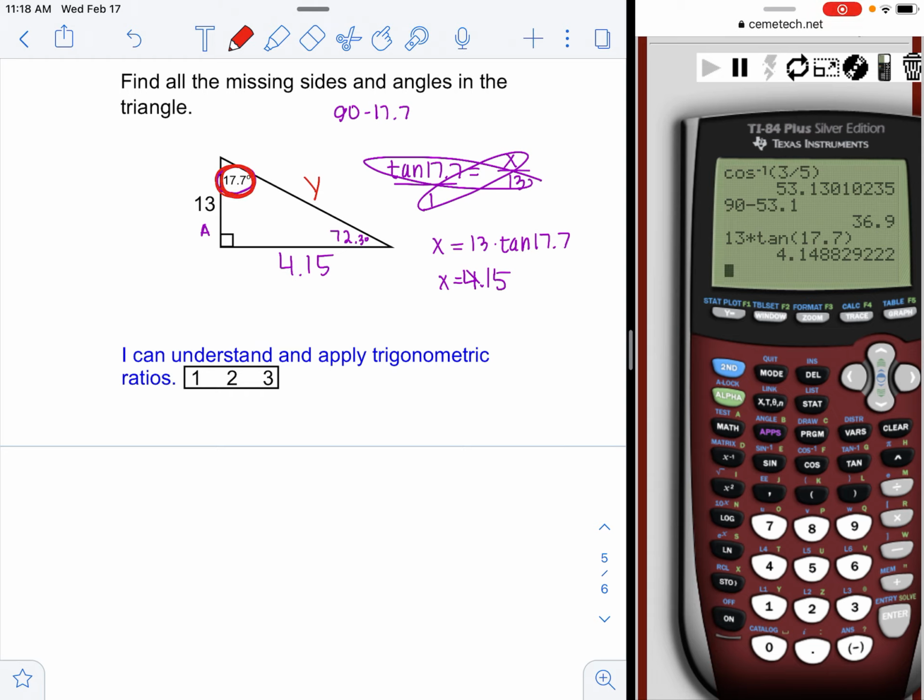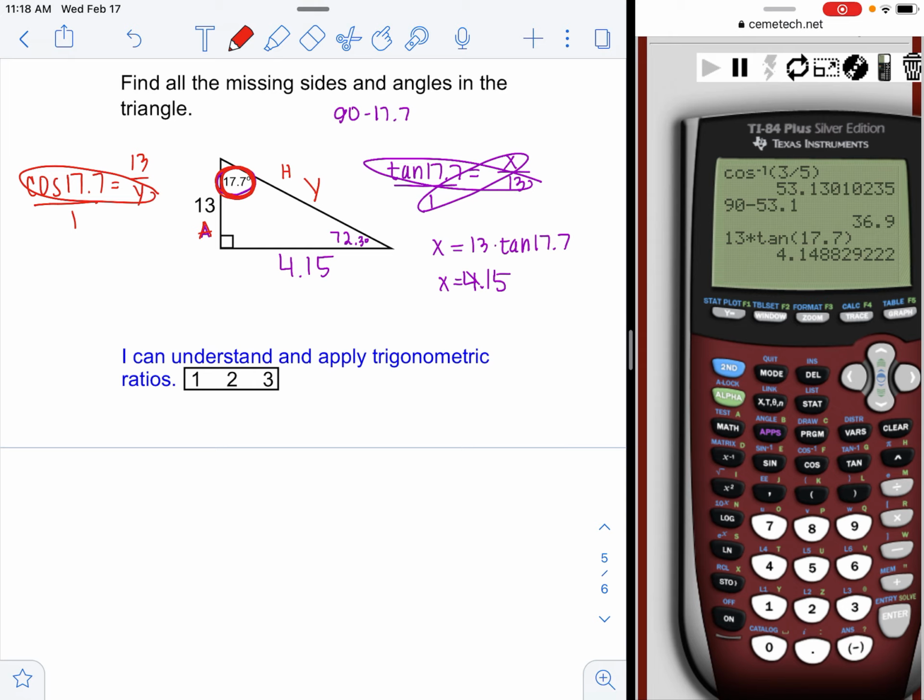I'm going to use another trig function, so I'm going to say this is x now, or I can call it y if I want. Yeah, I'll call it y. Here's my angle. This is adjacent still, but this time this is hypotenuse. So I'm going to use cosine instead. Cosine of 17.7 equals adjacent, which is 13, over hypotenuse, which is y. Put this over 1 because you're solving for a side. Cross multiply.